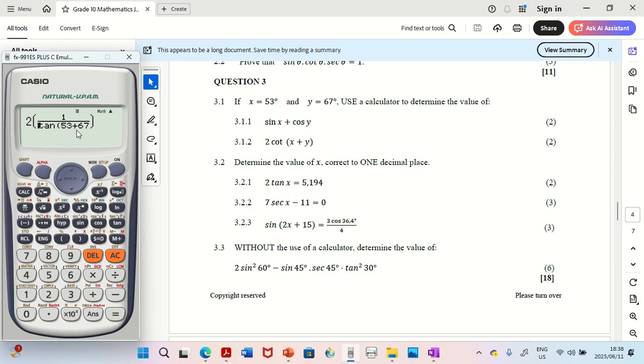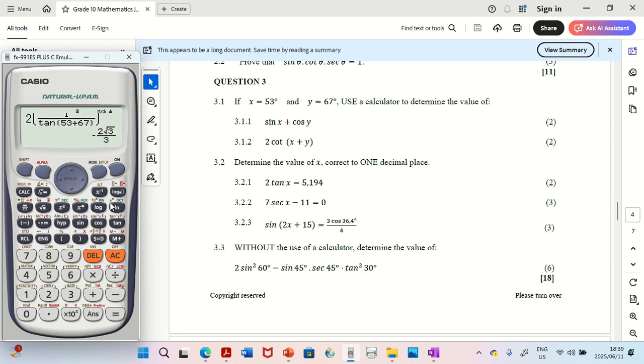I didn't close the second bracket, so I'll have to go close the bracket in the denominator. And if you don't substitute correctly into the calculator, it will keep giving you error. So just be careful. So I wrote 2 and opened the big bracket, and in my fraction is 1 over tan 53 plus 67. But now if I don't close the small bracket here, it will give me error. Let's try that again and see how much we will get for our value here.